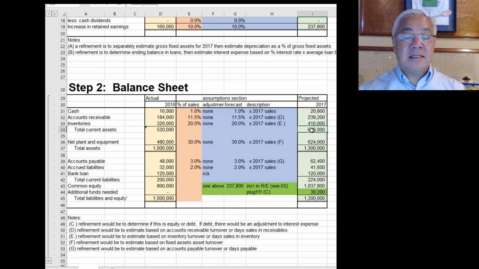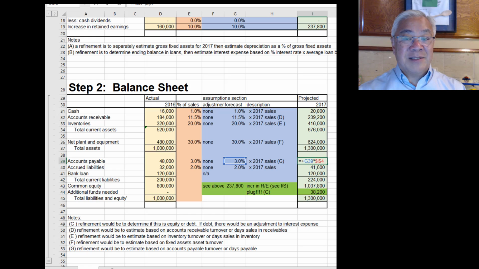The total current assets is just a subtotal of the above, cash plus AR plus inventory. Next, we're forecasting PP&E. Guess what? We're forecasting as a percent of sales. We may again want to forecast a more refined way of getting PP&E turnover, but first pass, sales. See a pattern coming? Now we get to total assets, which is current plus non-current, of total of 1.3 million.